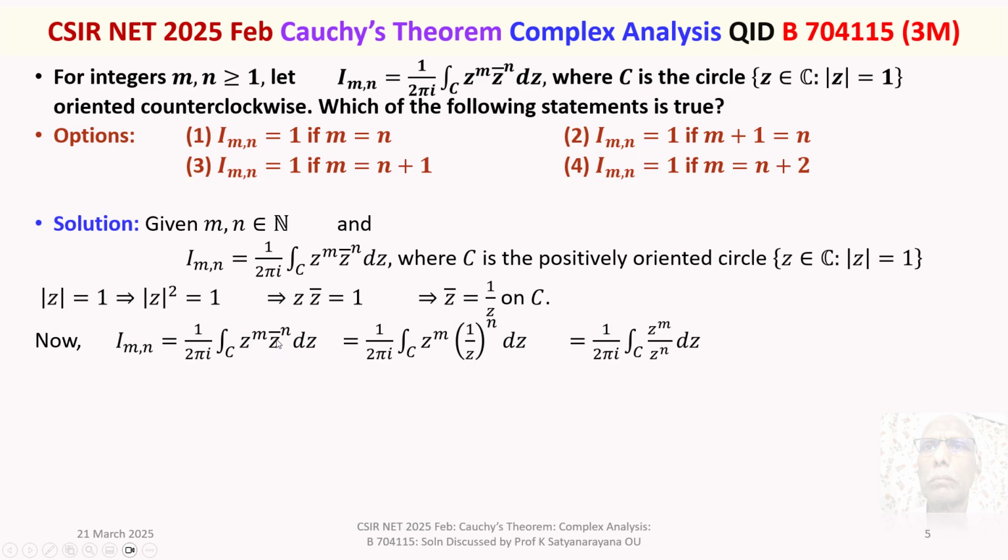For z bar, you write (1/z)^n, and that will be 1/(2πi) times the integral taken round C of z^m / z^n dz. So, that is what we have, and we discuss the options one after the other in the next slide.